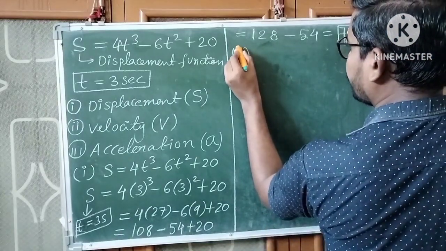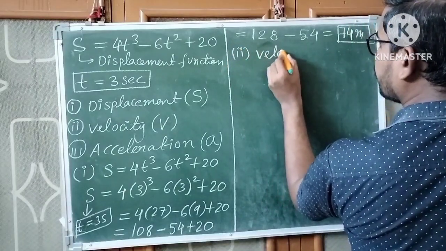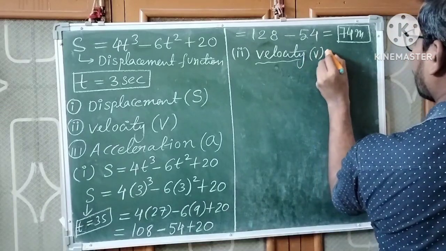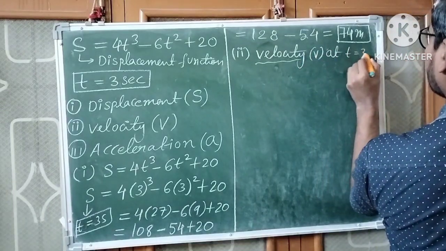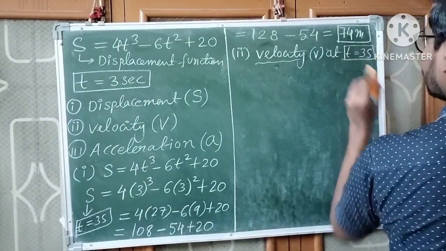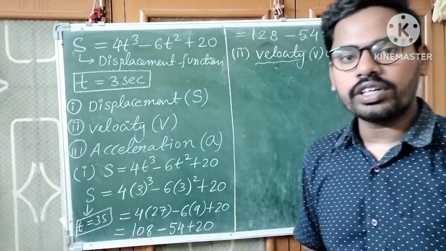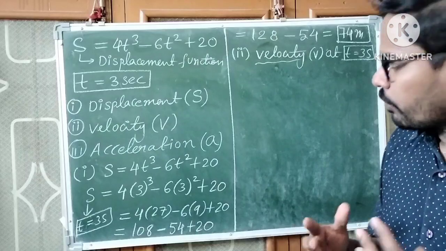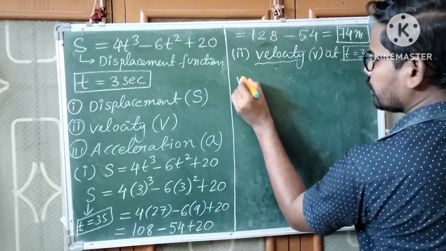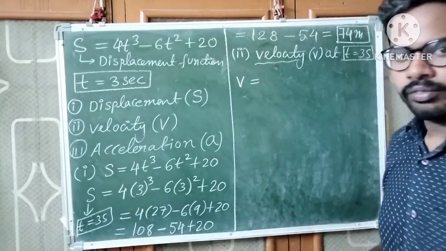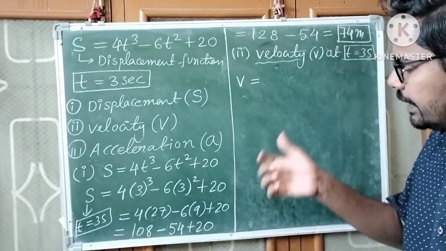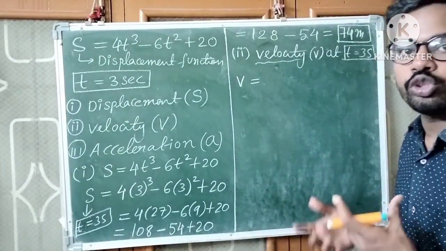Next, the second question is velocity. Velocity at t = 3 seconds. First of all, what is the relationship between velocity and displacement? Velocity V is the rate of change of displacement with respect to time.